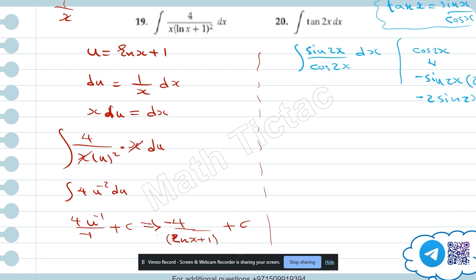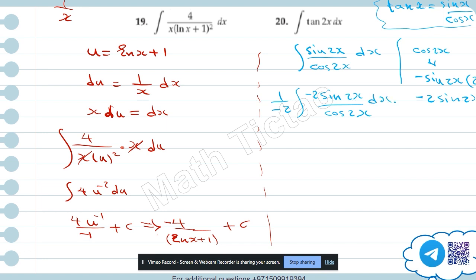Now look at this. The derivative of cosine 2x is equal to minus 2 sine 2x. So part of the derivative, we can find it over here. So we can multiply by minus 2 and divide by minus 2. So 1 over minus 2, and here minus 2 multiplied by sine 2x over cosine 2x.